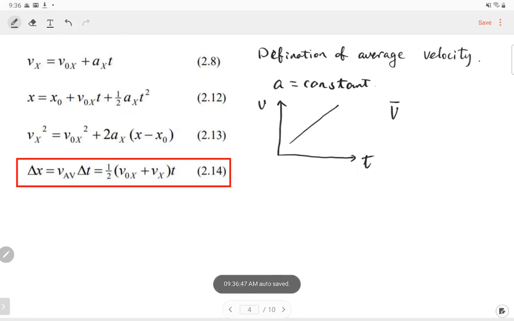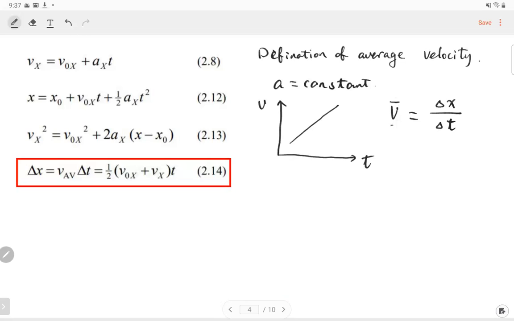Use v bar, written as the total displacement over time. And if a is a constant, then the total displacement over total time can be written in another way.